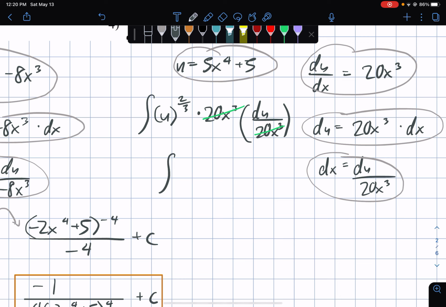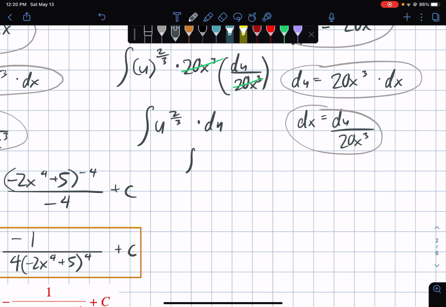We end up with u raised to 2 over 3 times du, such that if you apply the power rule here, which is what you're supposed to do at this point, 2 over 3 plus 1 over 2 over 3 plus 1, and then plus c.